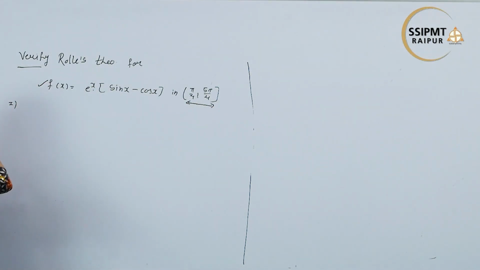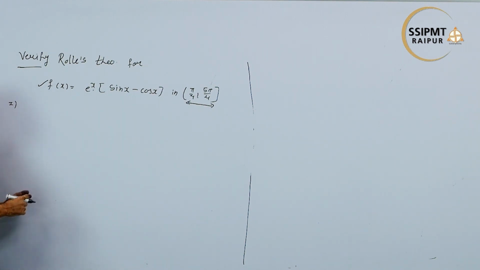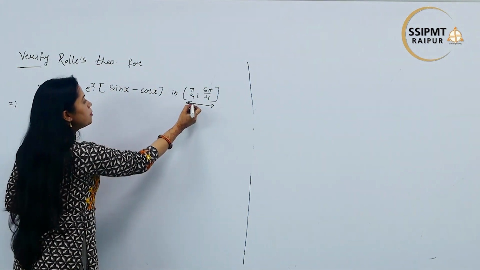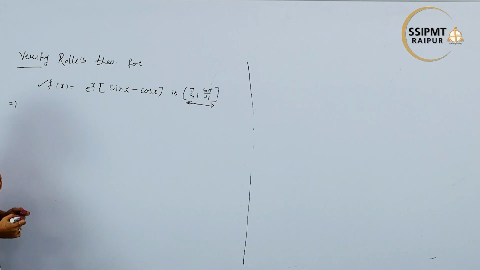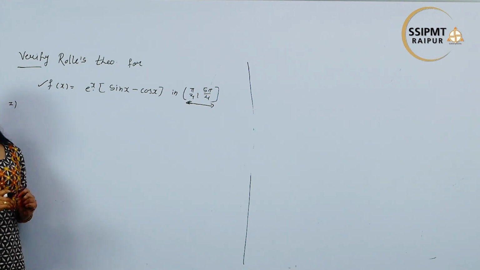Alright, so first we satisfy three conditions. Since we know that e^x is a continuous function in this range, and sin x - cos x is also continuous in the range pi/4 to 5pi/4, and if two functions are continuous, then their product is continuous, we all know that.